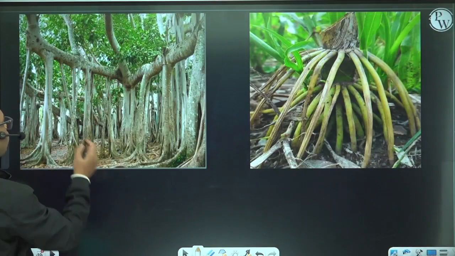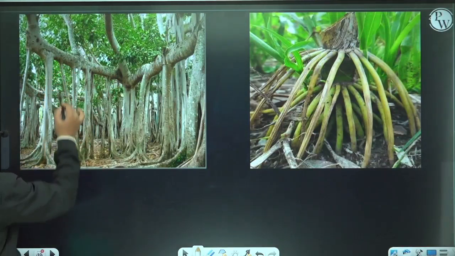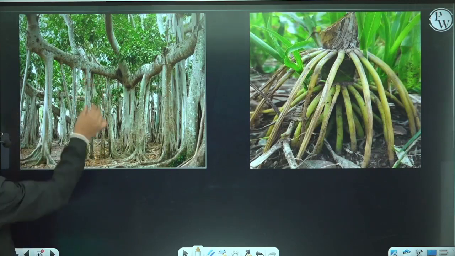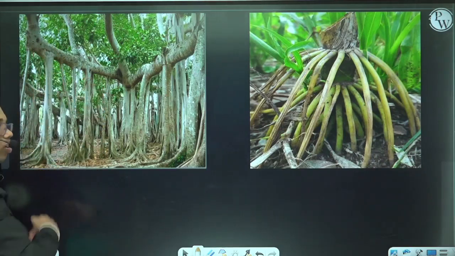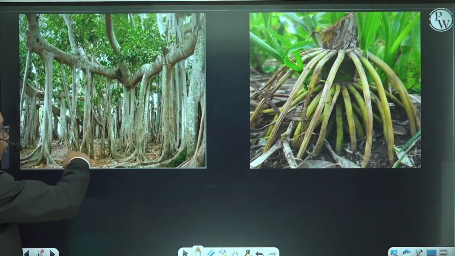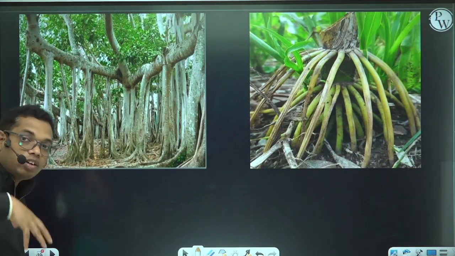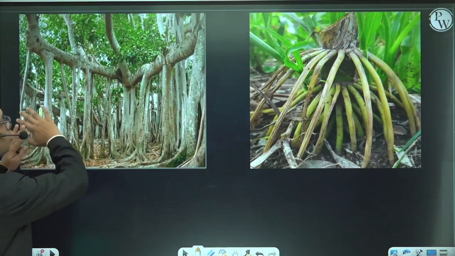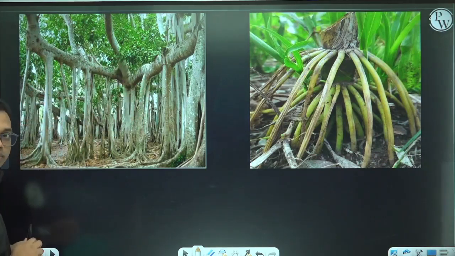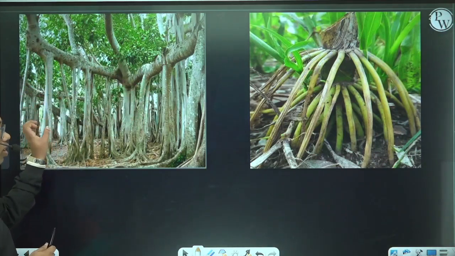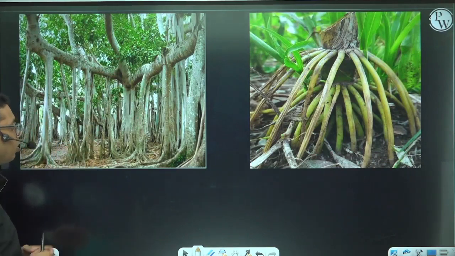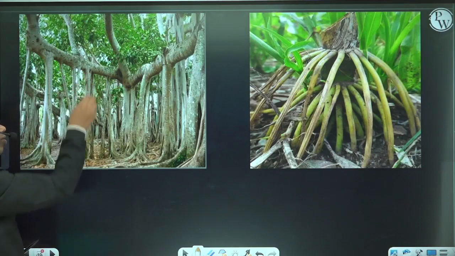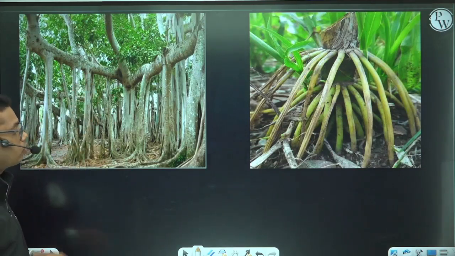Okay, and from these stems you can see the roots are developing. These roots are growing vertically downward, and once they reach the soil surface, they will enter inside the soil, and they will act as pillar and provide mechanical strength to the entire plant. Okay, so these prop roots, they are acting as pillar. Okay, so they are meant for providing mechanical support. How they are growing? They are growing vertically downward. Okay, so this is prop root.